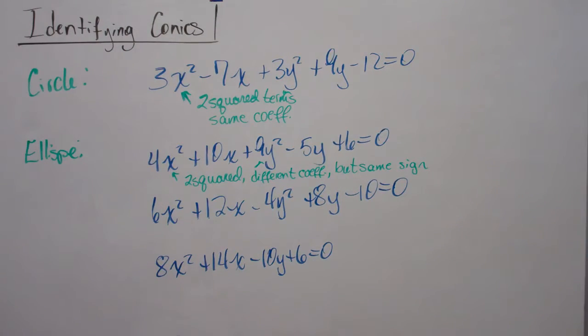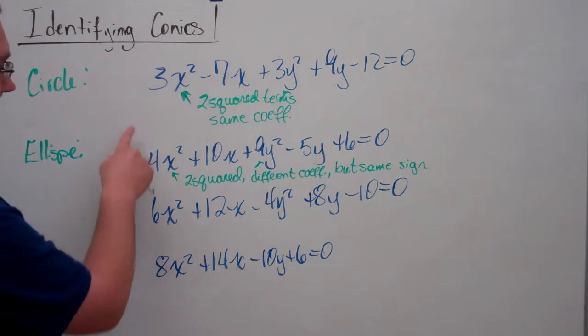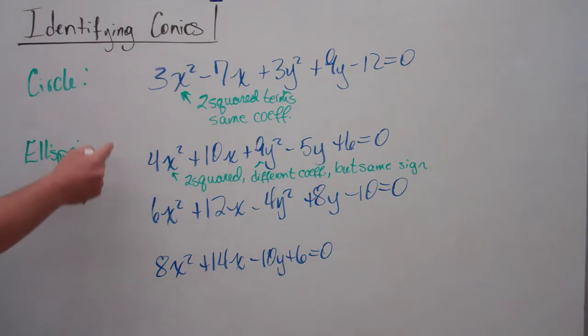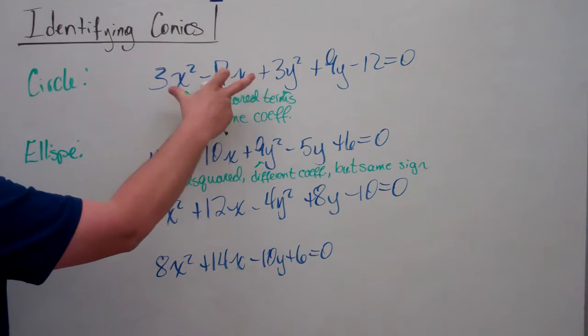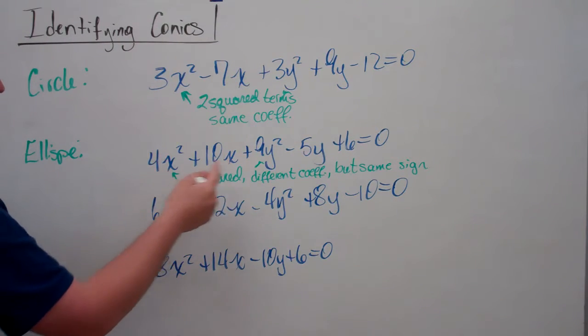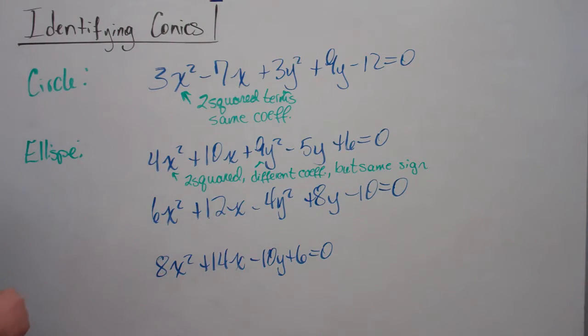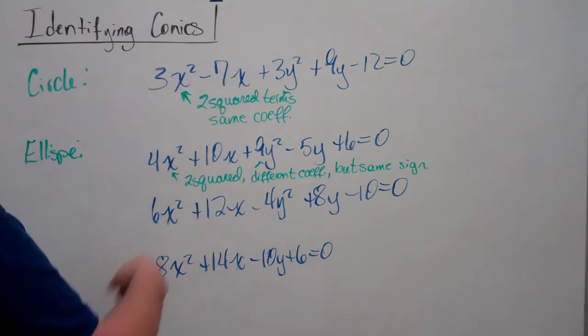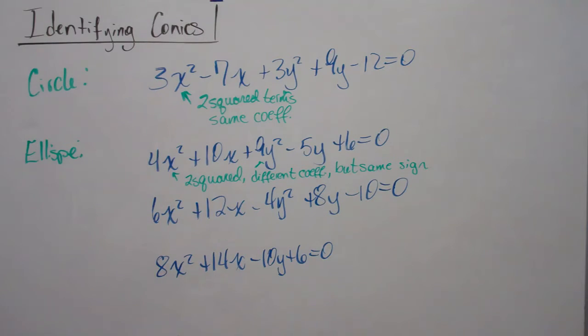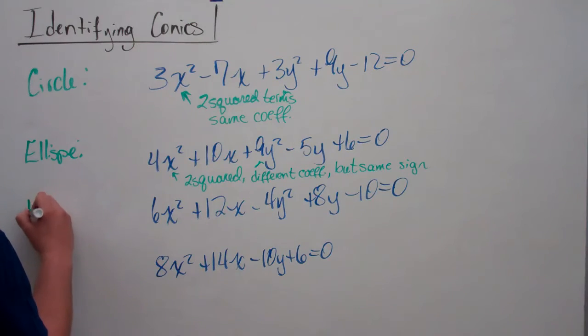Because that's the only thing that's going to differentiate your circle from your ellipse. Here you have the exact same coefficients. Here they have the same sign, so they're both positive, but they're actually different numbers. This is positive 4, that's positive 9. That's what differentiates a circle from an ellipse: they still have the same sign, but they're different numbers. Now this one's a hyperbola.